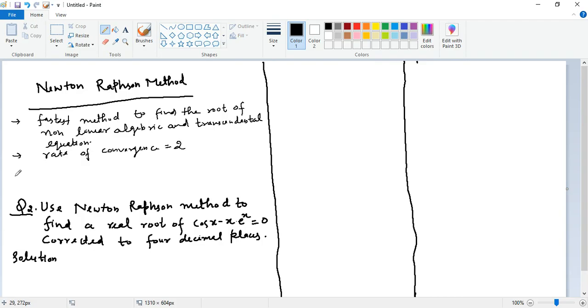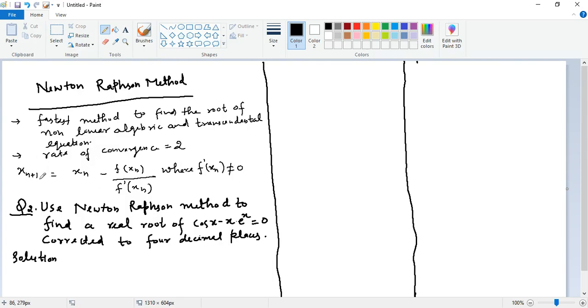And what is the formula we derived in the last video? Xn plus 1 is equal to xn minus f of xn upon f dash of xn, where f dash of xn is not equal to 0.